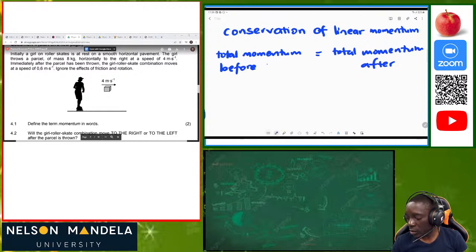So in other words, total initial momentum equals the total final momentum.